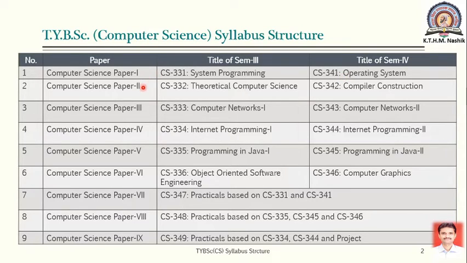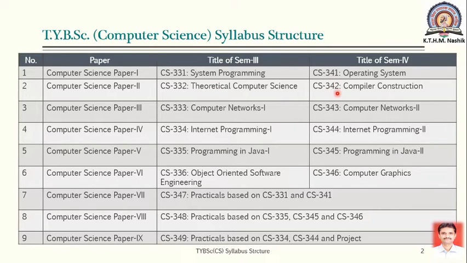Let us go to the second paper. In semester 3, theoretical computer science, you will study introductory knowledge of automata, formal language theory, finite state and pushdown automata, regular and context-free languages.